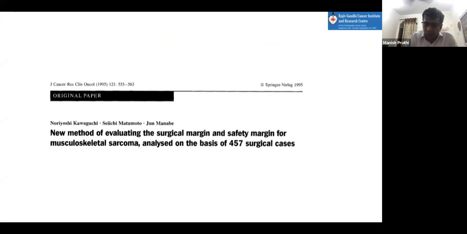And basically what they did is they qualified different types of margins, like whether it's a deep fascia, or a normal muscle covering the tumor, or a cartilage which causes a reduction of the tumor spread, or the periosteum or the bone. And then they gave criteria based on the quality of the margin and quantified it accordingly.